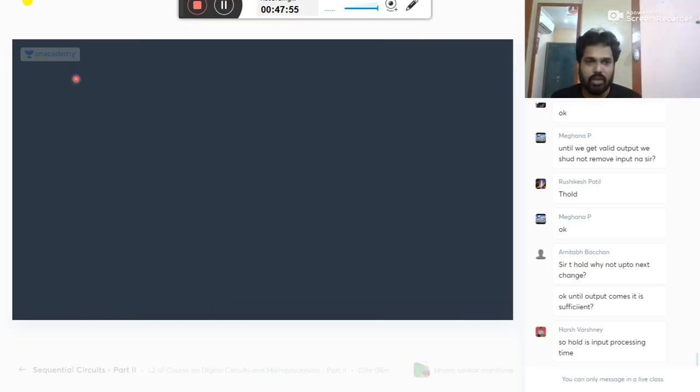In general, we select the time period of the clock greater than T setup plus TPD. That is, you can apply the next clock after you first apply the input.